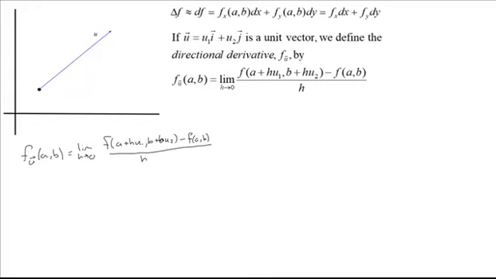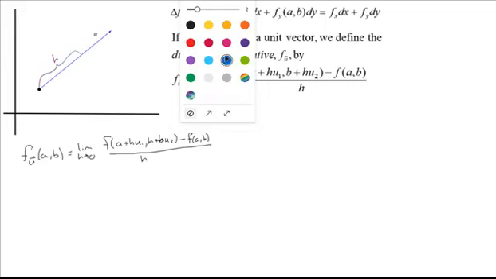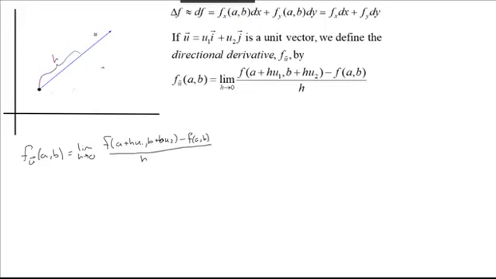So let's see what's going on graphically so that we can get an idea. First off, let's talk about h. h is some distance along this unit vector. Let's call this distance right here h. Then what we're going to do is break this into our components.